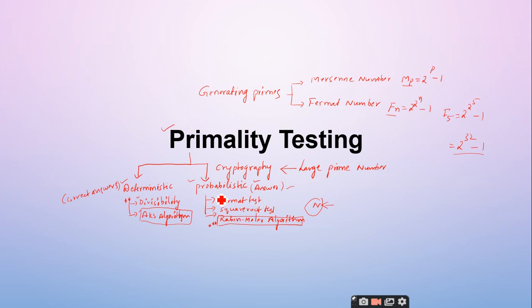Even among the probabilistic ones, the Fermat test fails in some cases, and the square root test takes a lot of time to compute, but Rabin Miller's performance is much better than both. That is why we concentrate on Rabin Miller. We will also see some examples on it. So please concentrate, it involves a lot of mathematics, right? Is it clear up to this point?